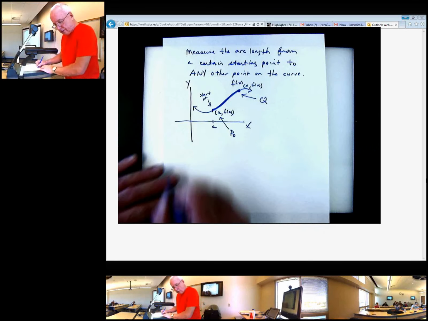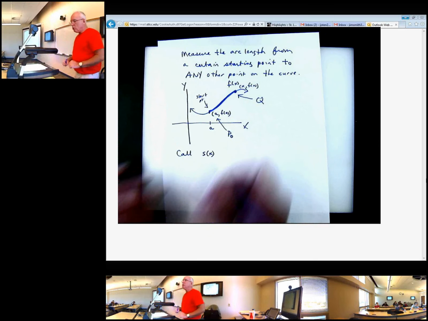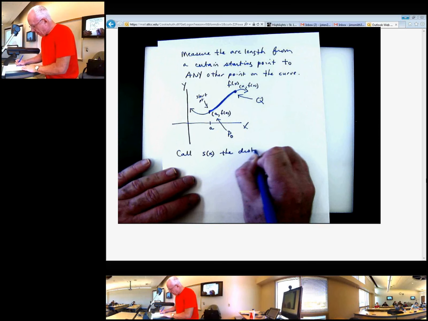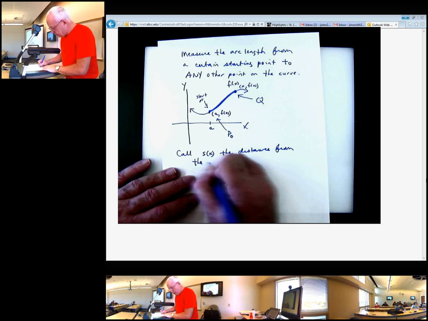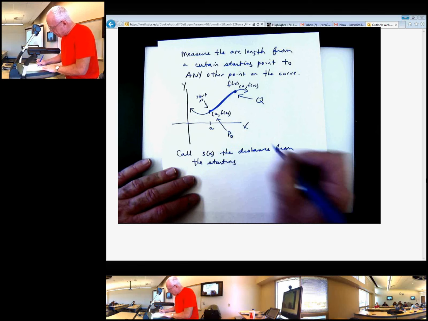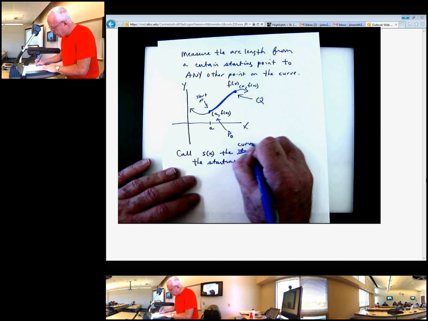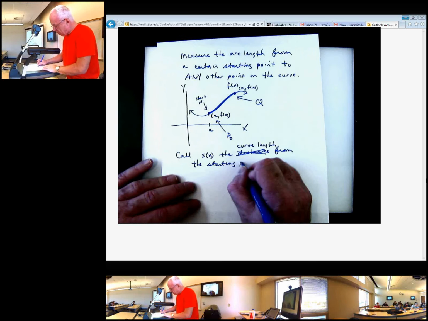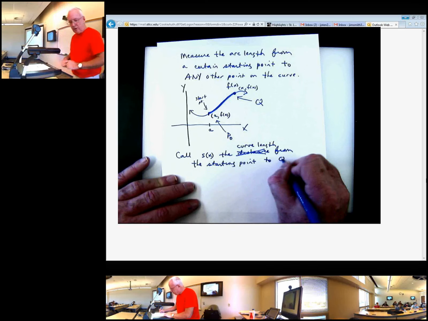We're going to call that the curve length, or the arc length, from the starting point to Q, to the variable point.